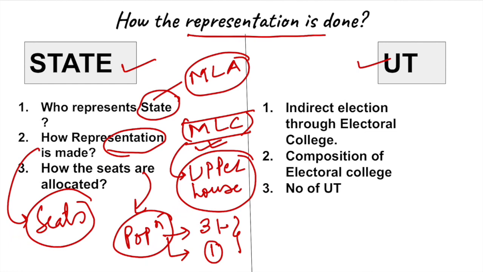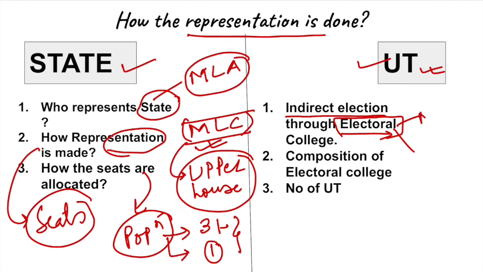Now, how will the members in the Rajya Sabha from union territories be elected? For that, there is an indirect election through an electoral college. Basically, here also indirect election is happening, and there also indirect election is happening, but here the word electoral college is mentioned. Now the question will come to your mind: who constitutes the electoral college?